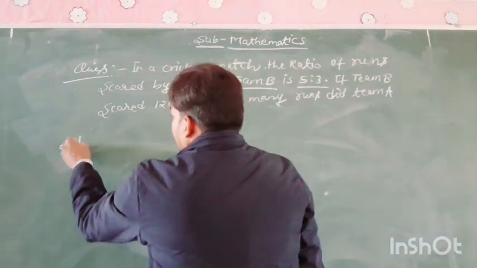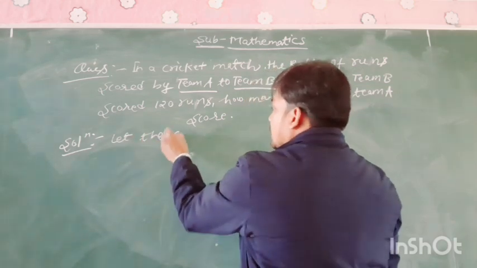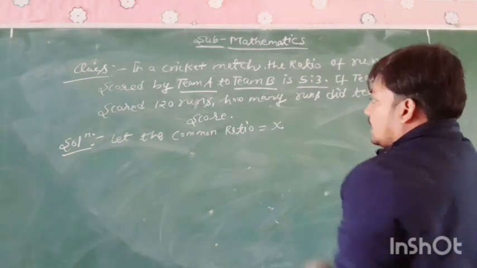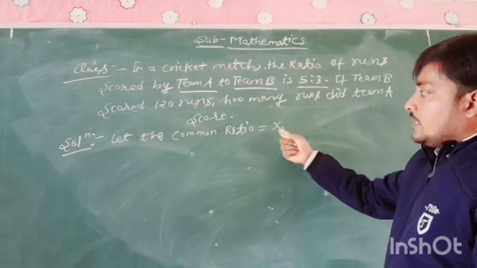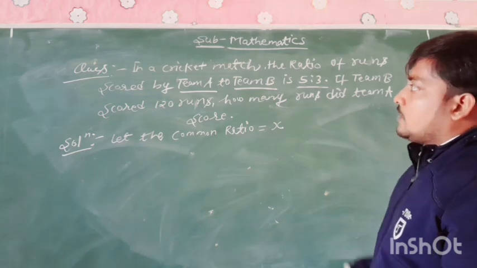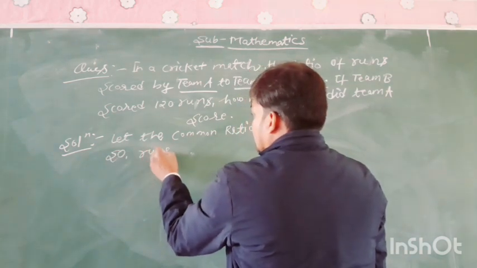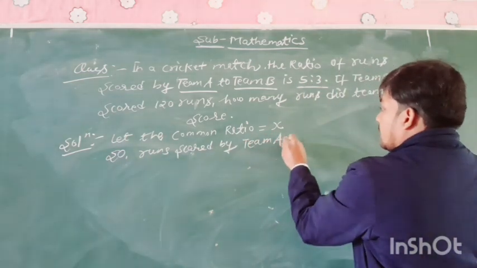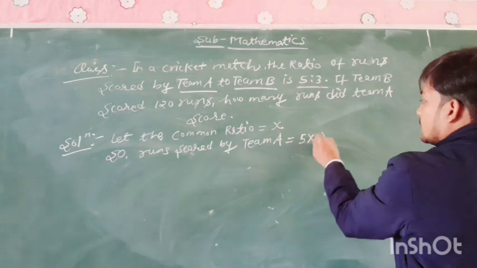In the solution of the given problem, first we let the common ratio be equal to x, and after multiplying the ratio of team A and team B by the common ratio, we get the runs scored by team A and team B. So runs scored by team A is equal to 5 into the common ratio x, which is 5x.